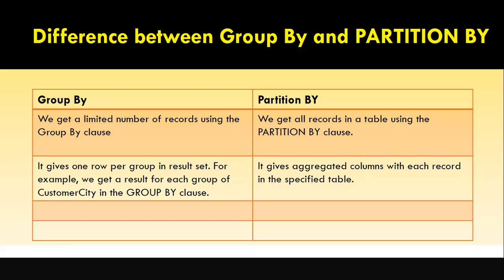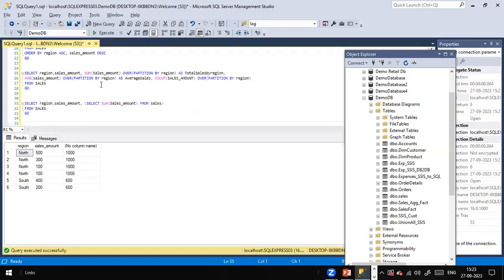Whereas in the case of partition by, we get all records in a table using the partition by clause. So you can do the group by using the partition by also, but the partition values wherein you applied the sum function, the sum of sales amount on this region column, along with that, it will display the sales amount at each transaction level also.